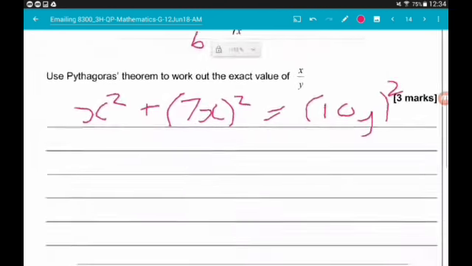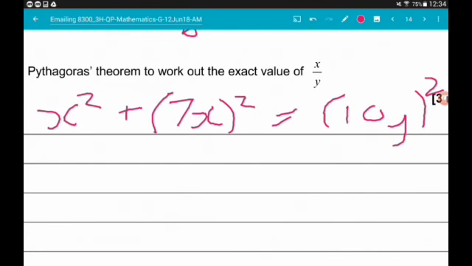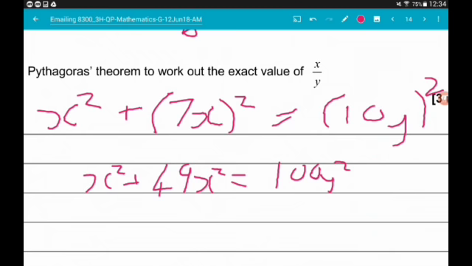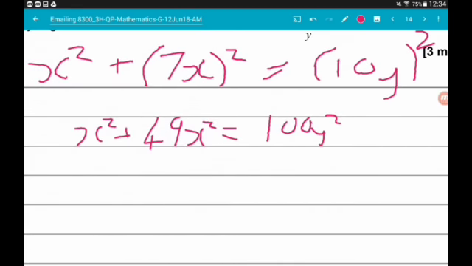Okay, so we've got x squared and 7x all squared. Now that squares the 7 and squares the x. So we've got x squared and 49x squared is equal to 10y all squared. So that's going to be 100y squared. Now if we simplify the left, we've got 50x squared is equal to 100y squared.